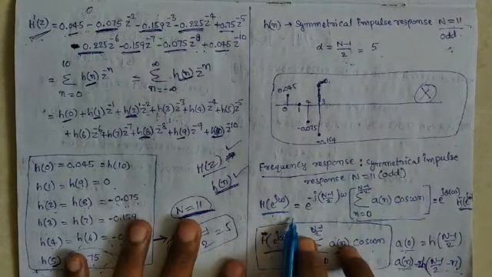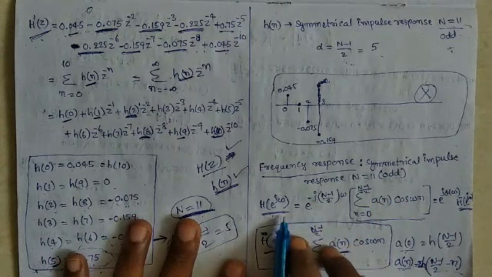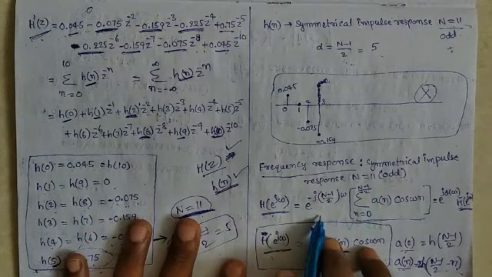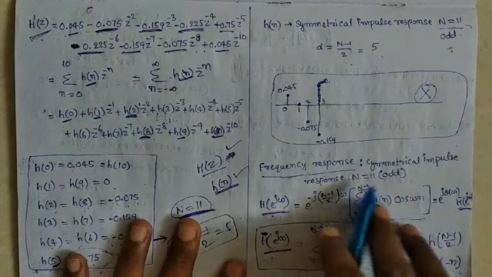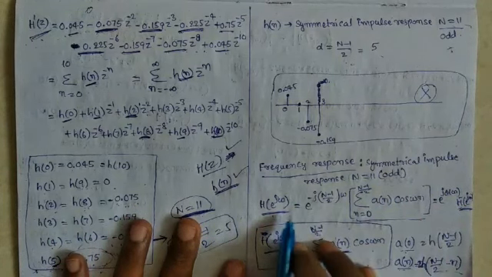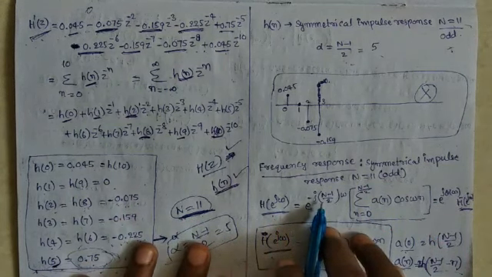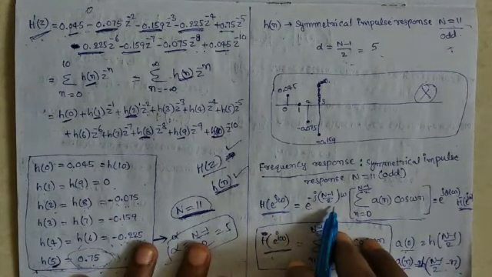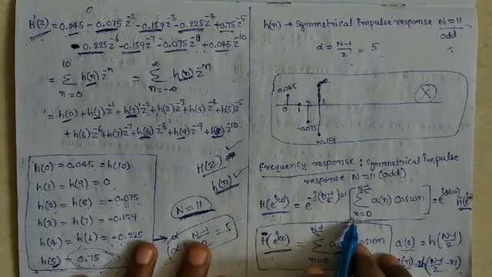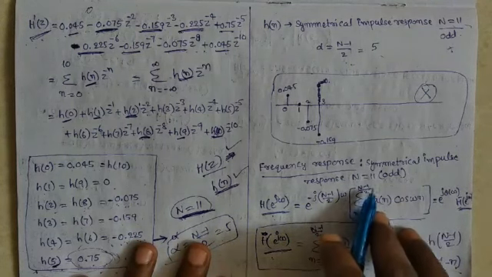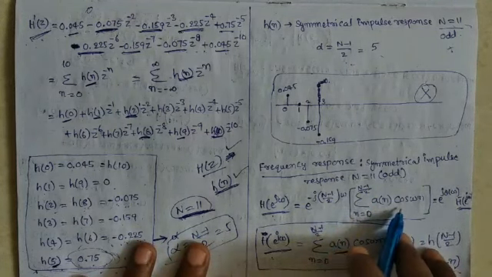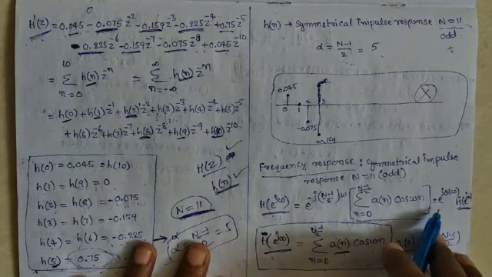Here h of e power j omega is equal to what? This is the formula to calculate the frequency response of symmetrical impulse response, capital N odd. Here h of e power j omega is equal to e power minus j of capital N minus 1 by 2 omega into summation n is equal to 0 to capital N minus 1 by 2 a of n cos omega n.